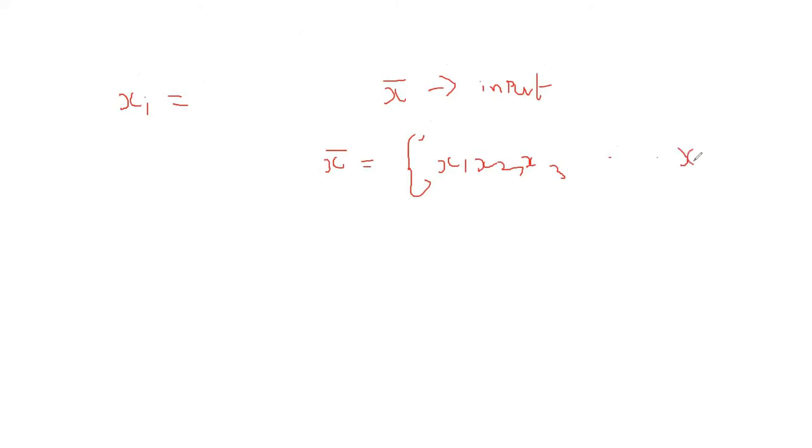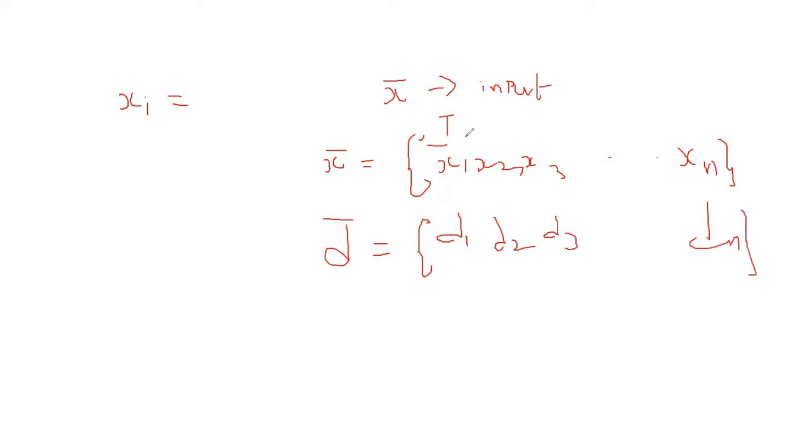And d bar is the outputs for these inputs, for example d1, d2, d3, and so on up to dn. So the x vector contains the inputs and d bar contains the outputs. For x1 the output is d1, for x2 the output is d2, for x3 the output is d3.